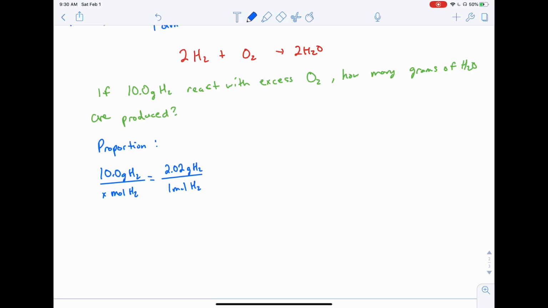I'm very deliberate about writing these units out so that you can keep track of things. Once I do this, I get 4.95 moles of H2. Now, once you get moles of H2, you can interconvert with another substance, because we have a ratio between H2 and H2O, which is the mole to mole ratio. So you would say 2 moles of H2 is equal to 2 moles of H2O.